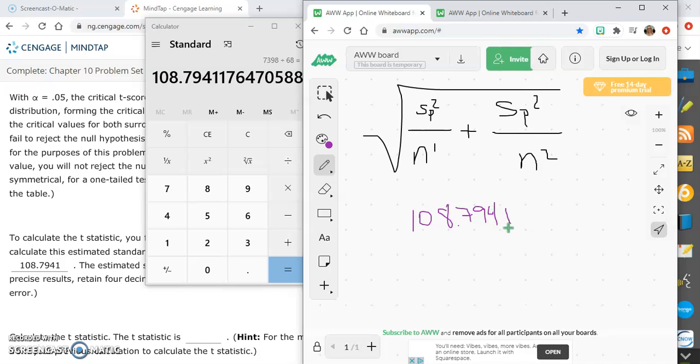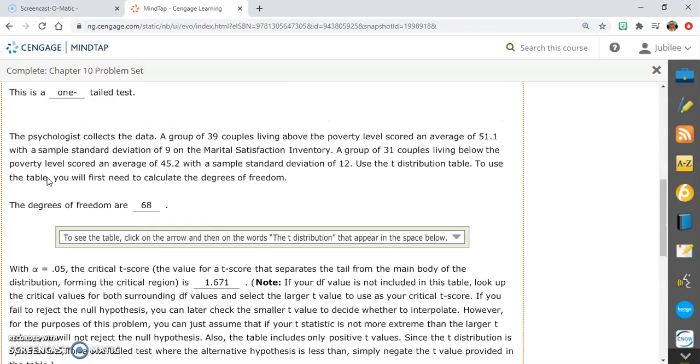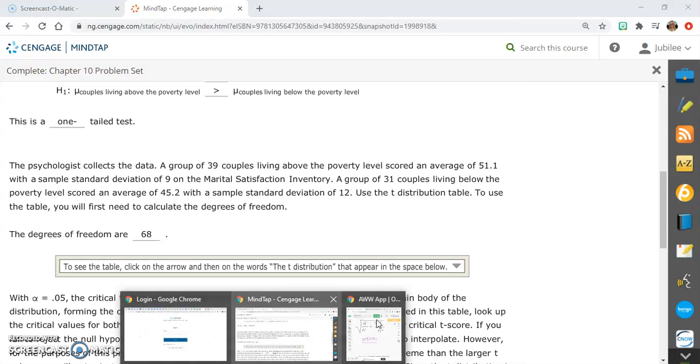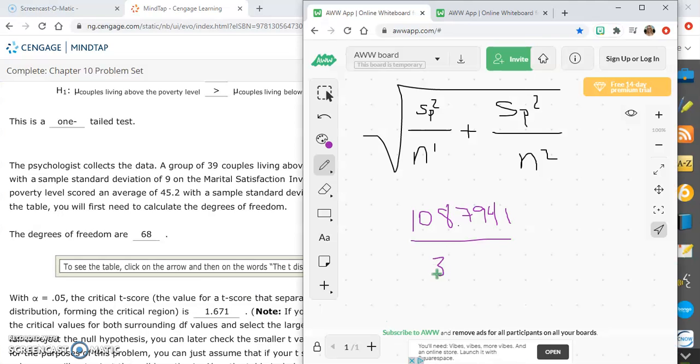And I'm going to go out 4 decimal places because that's what it says in MindTap. So my first n was 39. And the same number I'm going to divide by 31.